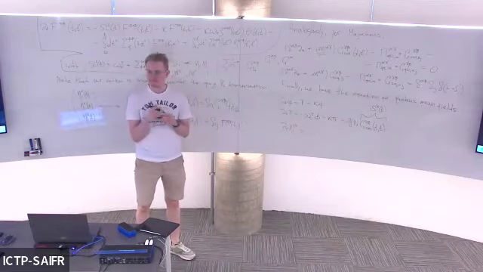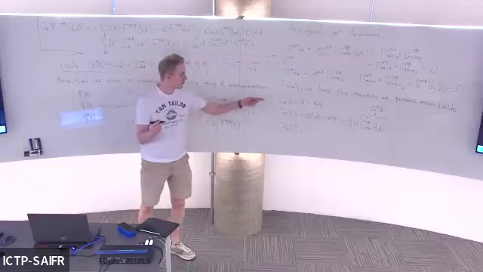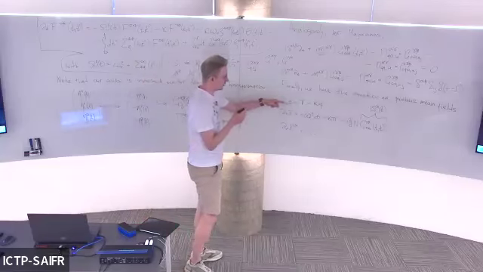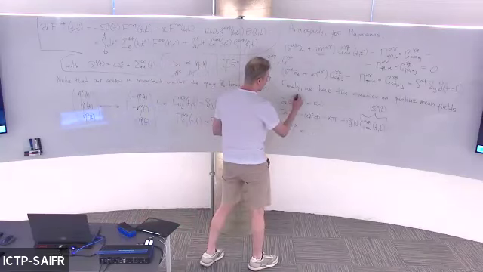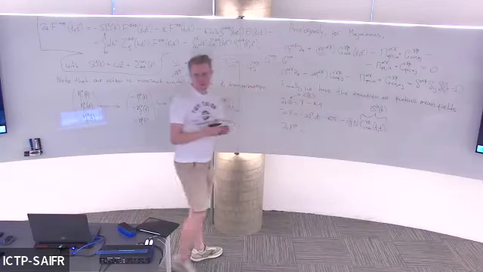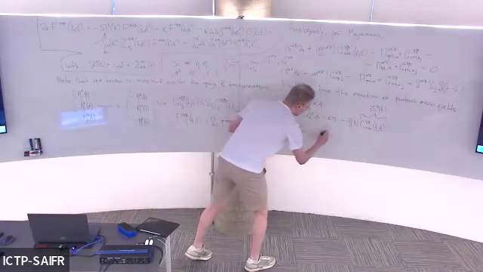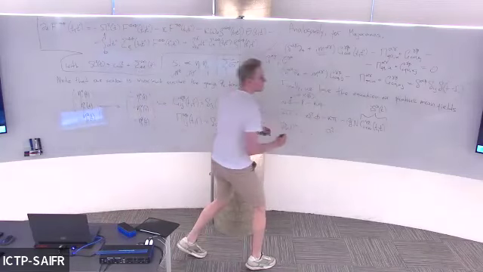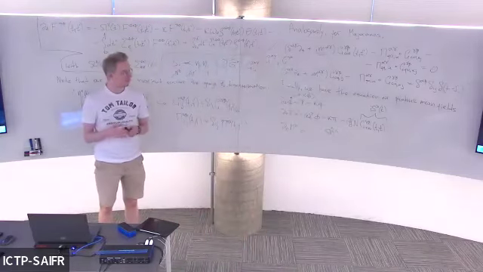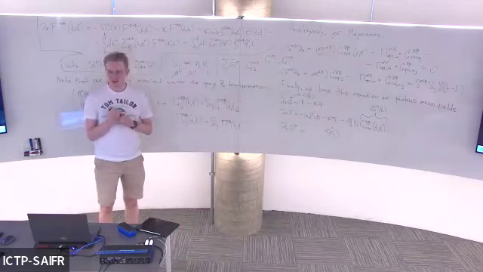So, okay, what is this? This is the expectation value of phi. For fermions, what is this? What is the expectation value of a fermionic operator?